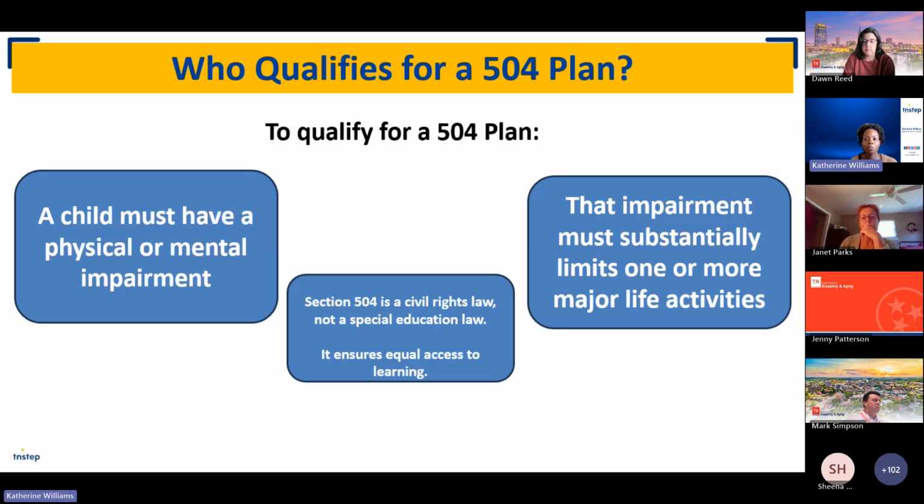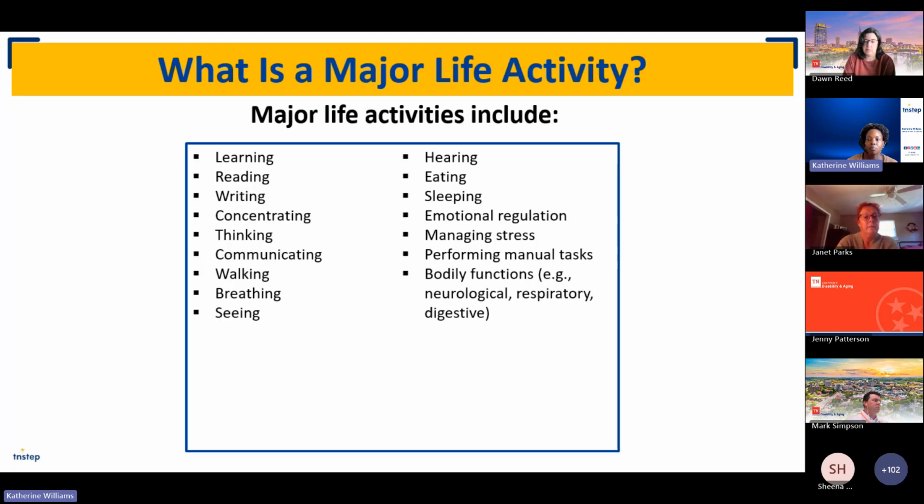Remembering that Section 504 is a civil rights law, so it's about that access to equal opportunity, and all of those things, major life activities, are needed in order to have that access. So we're going to go over the major life activities in a little bit more detail now.